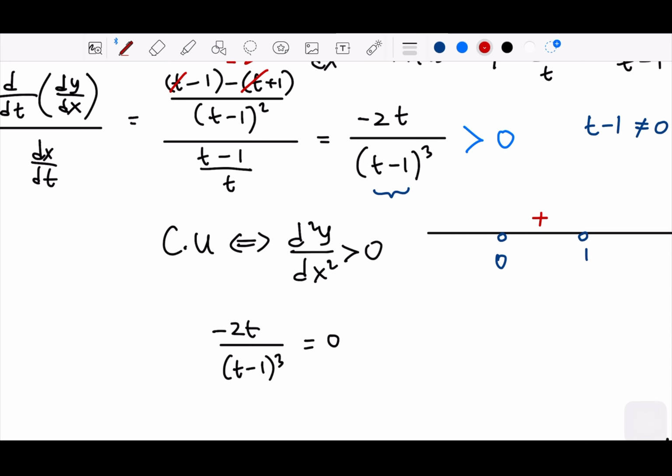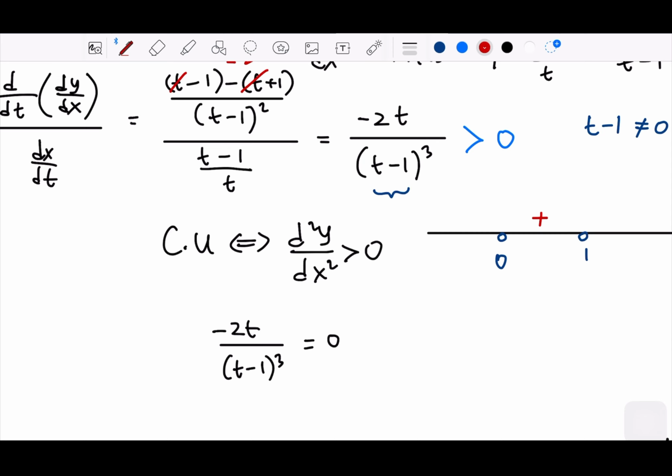Then it will be positive, because negative over negative becomes positive. So whenever we have something less than 1, which is in this area, that makes negative, right? And negative over negative becomes positive, okay? So that's why this is true.